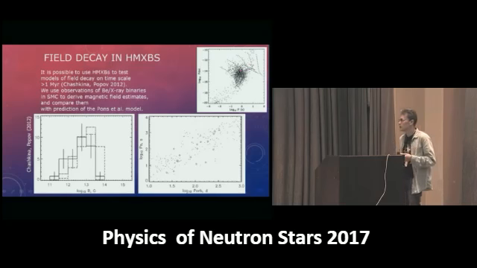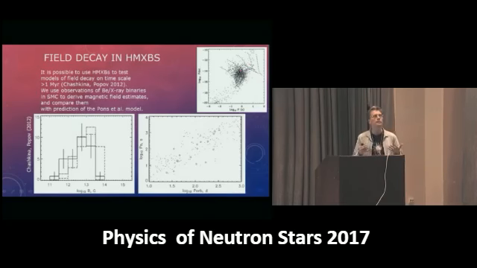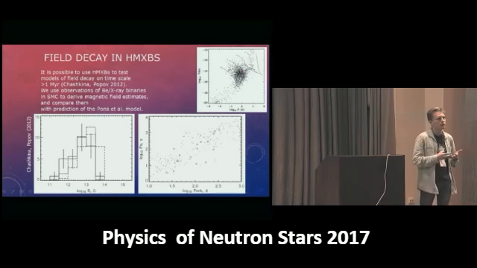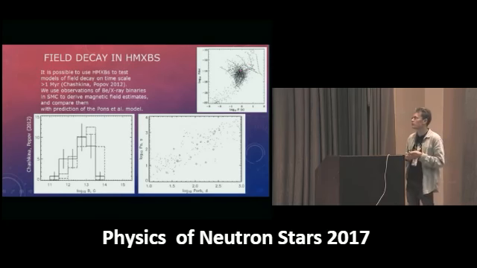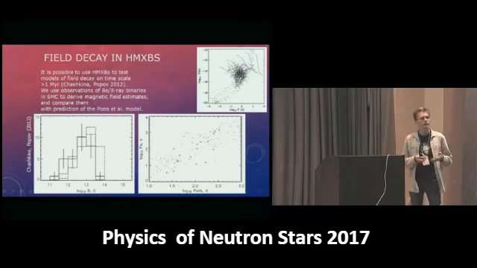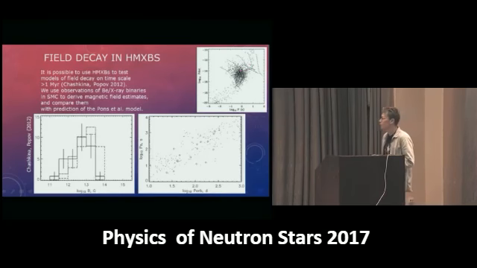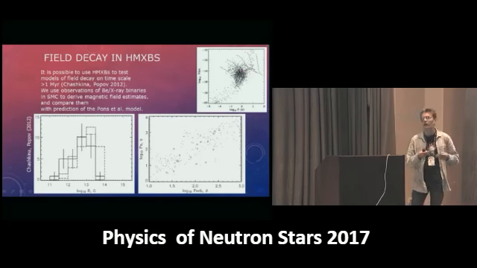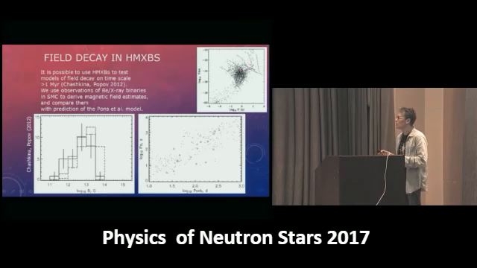And if you take spin parameters of a large population of high mass X-ray binaries, you can try, using modern models, to derive the magnetic field distribution out of it and compare it with predictions of models designed for magnetars. And on the left figure, you see it.